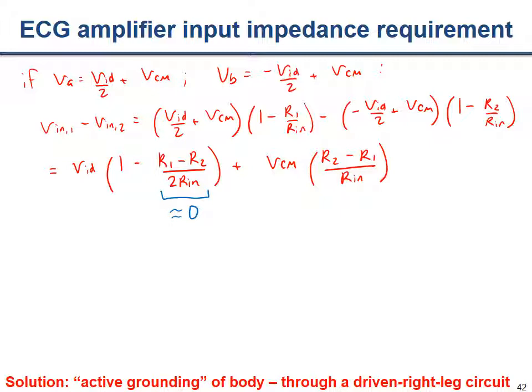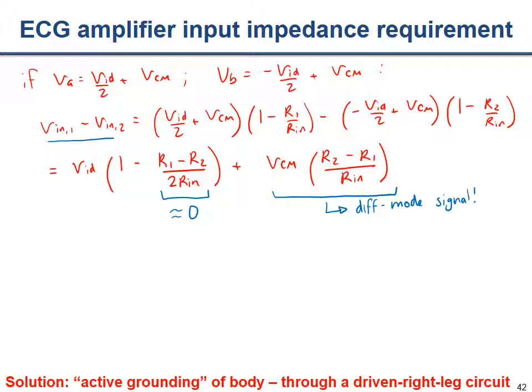Now keep in mind, we've done Vin1 minus Vin2 here. This is the differential signal at the input to our amplifier. But despite it being the differential signal, we have a common mode component that's looking like a differential mode signal.